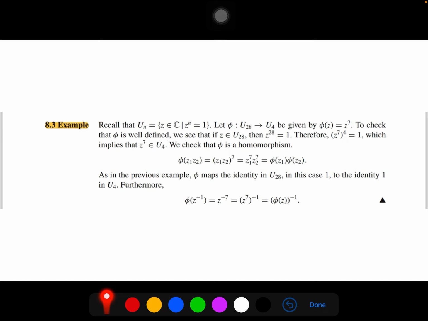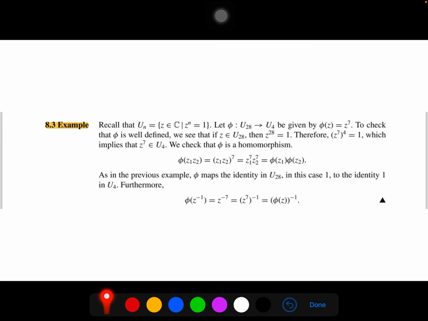So now we check for the homomorphism property. Let's say z1, z2 taken from the domain U28, and then phi of z1 z2 will be equal to z1 z2 to the power of 7, and then using the usual property of powers, it will be equal to z1 to the power 7 times z2 to the power 7. But z1 to the power 7 is the mapping of z1 under phi, and z2 to the power 7 is the mapping of z2 under phi as well.